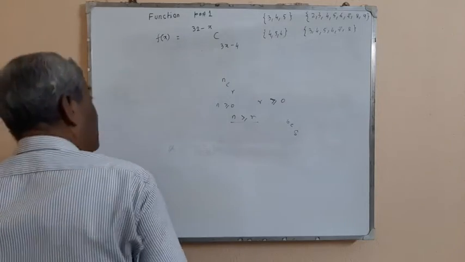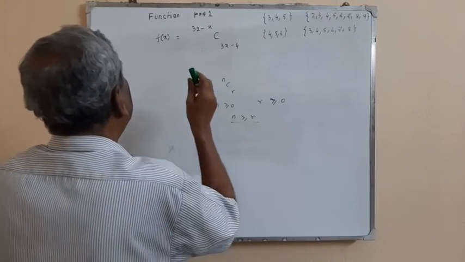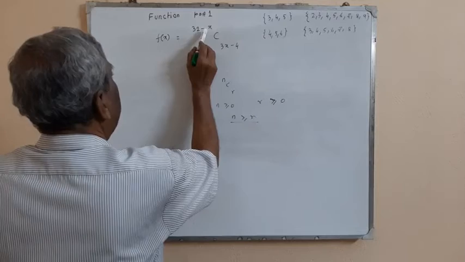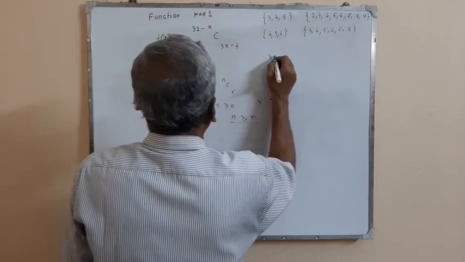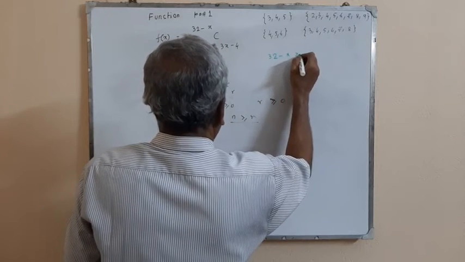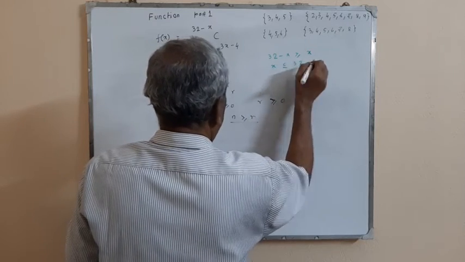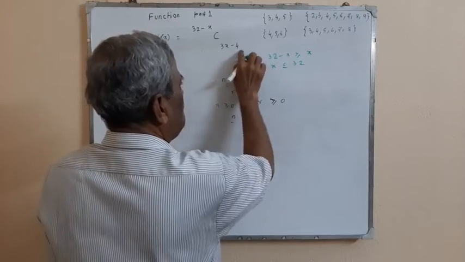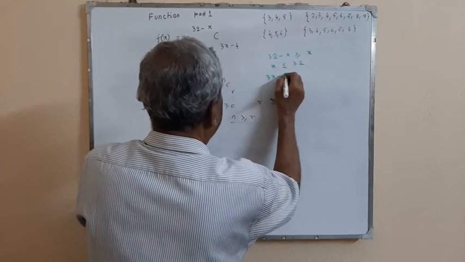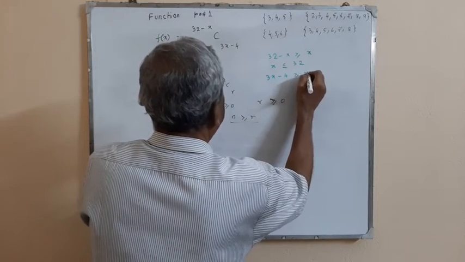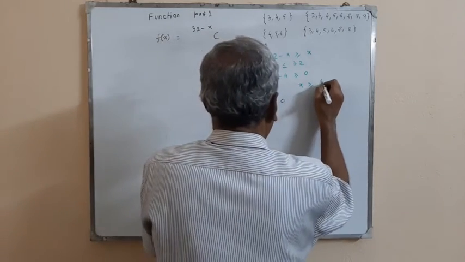Now one by one we treat it. Number one, n is positive, that is 32 minus x is positive, that is x is less than or equal to 32. Number two, 3x minus 4 is positive, that is x is greater than or equal to 4 by 3.